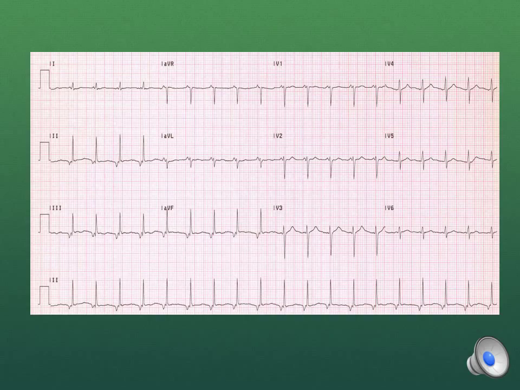All right, on this particular example, look down here at lead 2 for our rhythm interpretation. At the very bottom, we have a rate of about 140 beats a minute. It looks regular. We do have narrow QRS complexes.